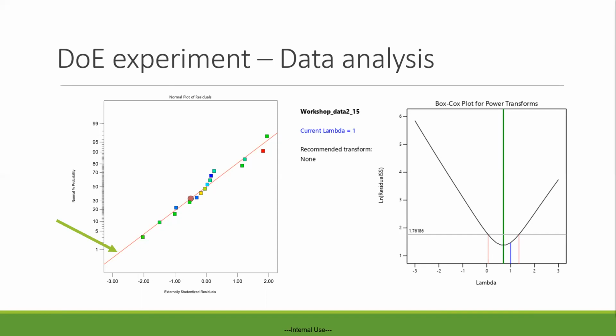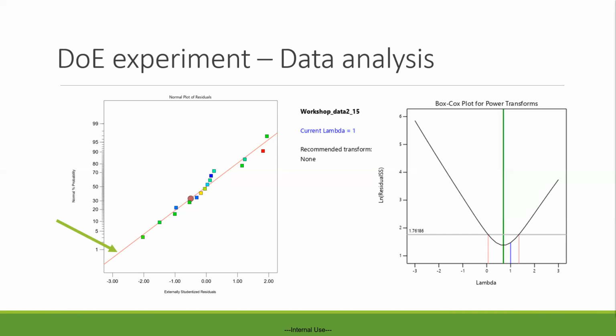So in this case, the lambda is 1, and we do not need to transform the data. And if the model recommends transforming the data, we can use many functions such as square root or power to normalize it. Design Expert is a nice tool that will tell you whether you need to transform or not. In this case, the recommended transform is none, so you don't have to transform the data.